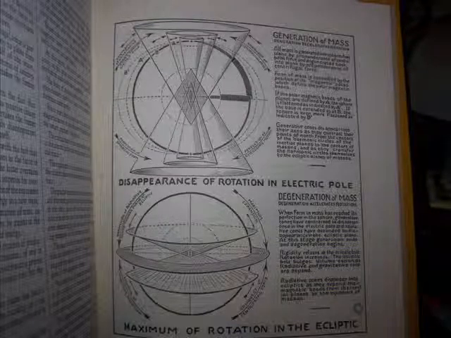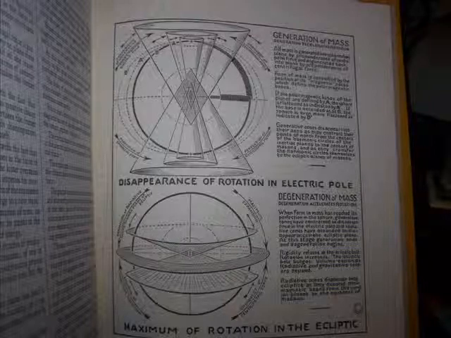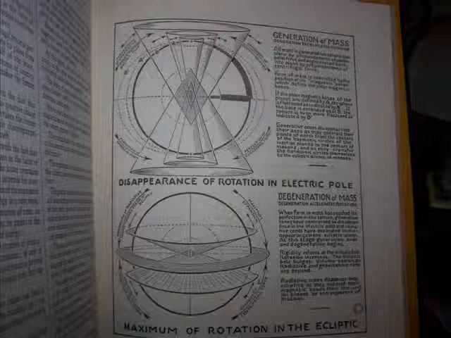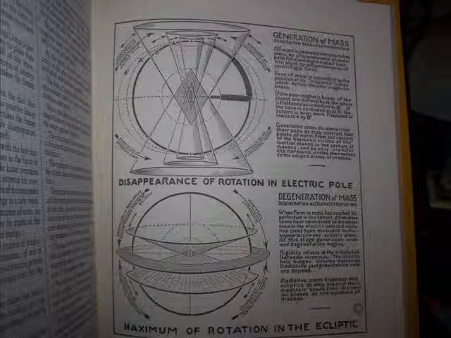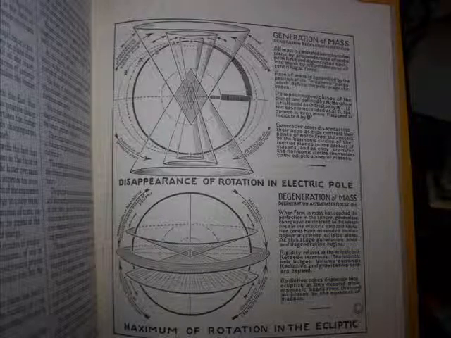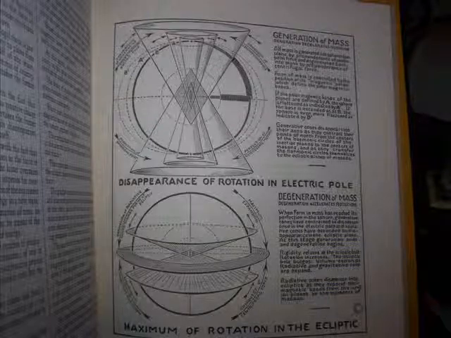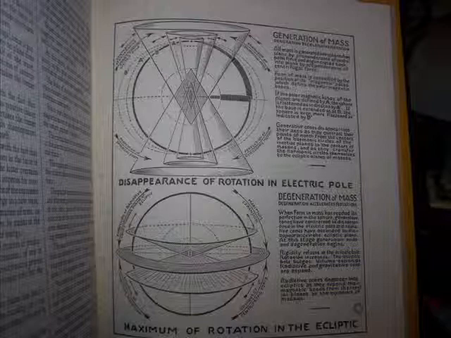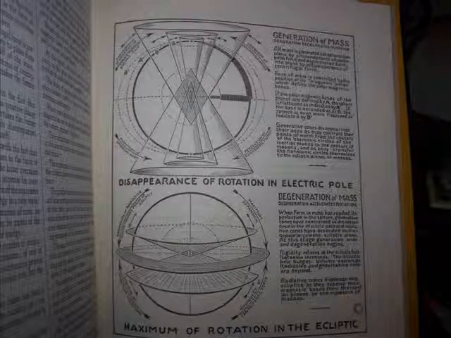Generation of mass. Generation decelerates rotation. All mass is generated into spheres from plane by preponderance of centripetal force and degenerated back into plane by preponderance of centrifugal force. Form of mass is controlled by the position of its magnetic poles, which define the polar magnetic basis.